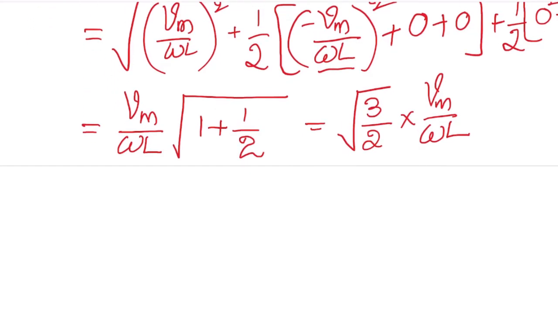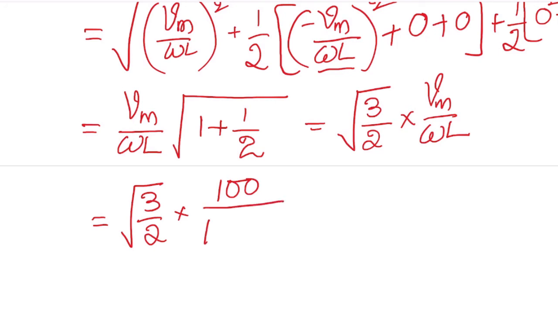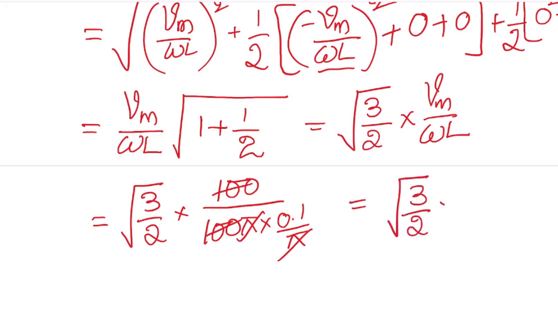If you look here, what is Vm by omega L? Vm is 100, omega is 100 pi, and L is 0.1 divided by pi. The pi gets cancelled and the 100 gets cancelled. So the answer is root 3 by root 2 times 10 amperes, which is 12.24 amperes.